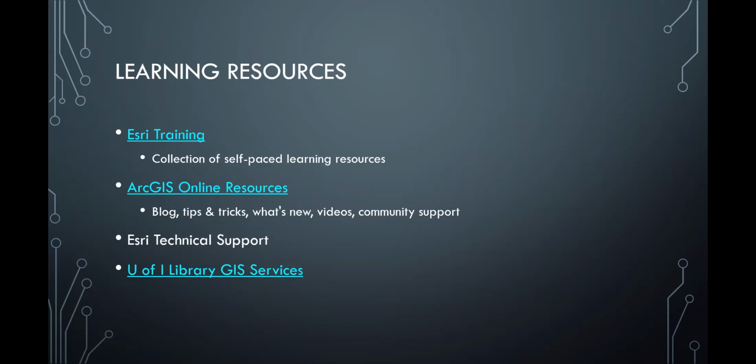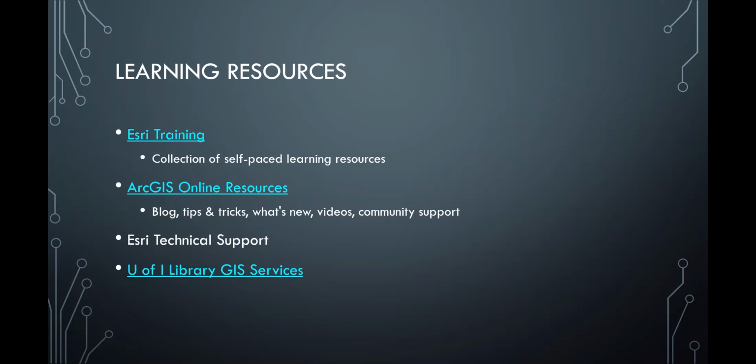So if you go to esri.com training, and for University of Idaho folks, if you sign in with your VandalNet ID, you'll have access to a more extensive catalog of training resources. So I encourage you to look at that. If you have a specific area that you want to target, maybe just one specific app that you might have interest in, you might take a look there.